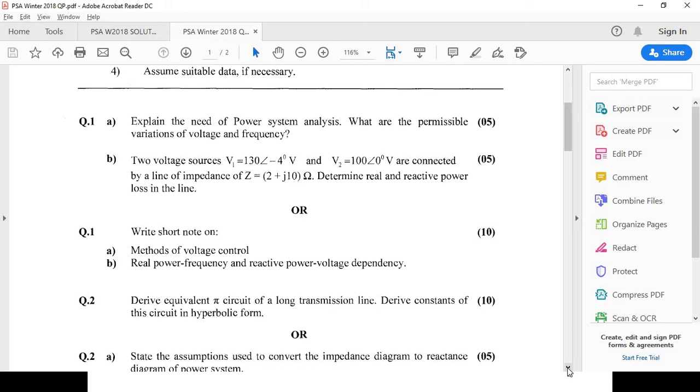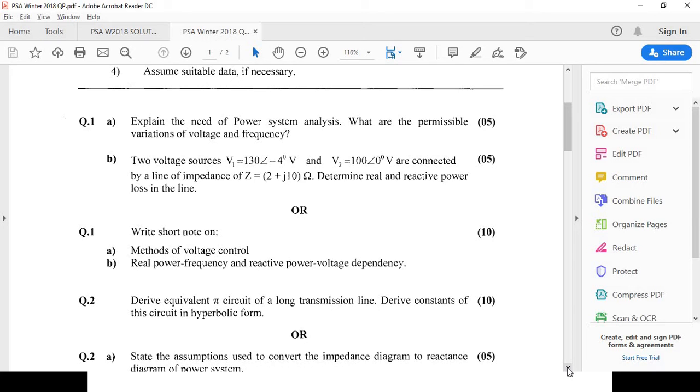In a few numericals there will be a number of loads, that is load 1, 2, 3 etc., connected to the voltage source, and there will be a question about calculating the power loss or power consumed by each load, or the active and reactive power consumed by the individual load. There are also numericals in which two voltage sources are connected together through a load impedance, and we have to calculate the complex power loss in the line.